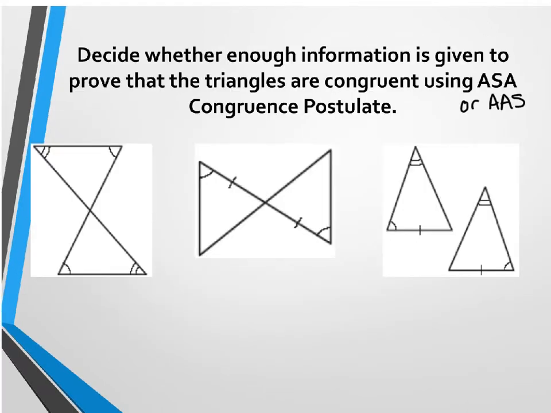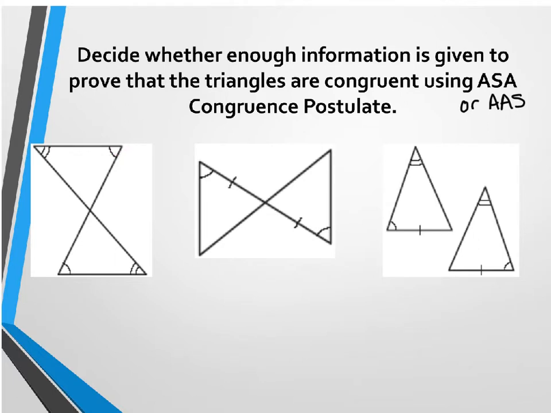Okay, so just like examples we've done before with other congruence postulates and theorems, we're going to decide whether enough information is given to prove the triangles are congruent using the angle side angle or angle angle side congruence postulates and theorems. So let's look at this first one. We have two corresponding angles shown congruent and then another two here.